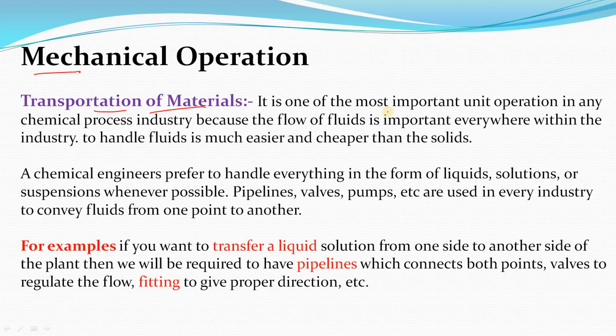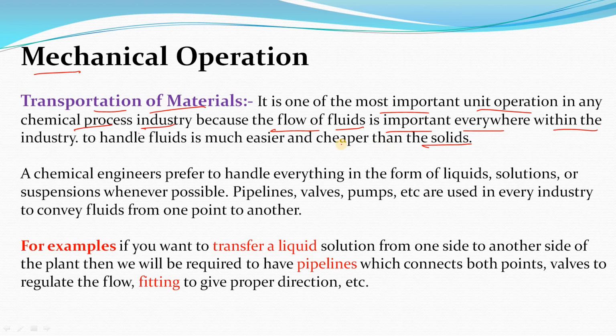It is one of the most important unit operations in any chemical process industry or in any industry. In any industry you will see the transportation of material, because the flow of fluid is important everywhere within the industry, and handling fluids is much easier and cheaper than solids.